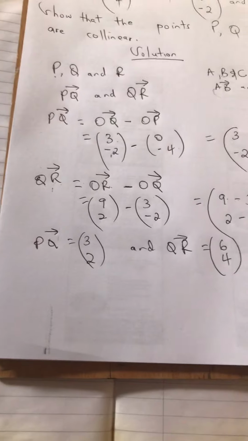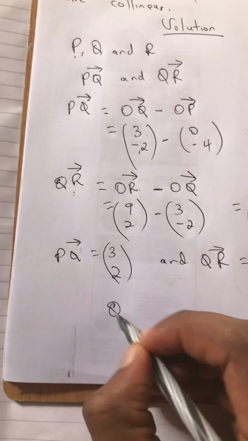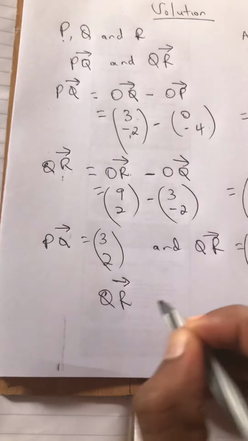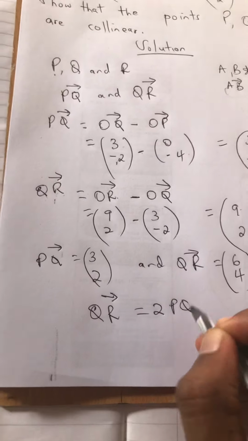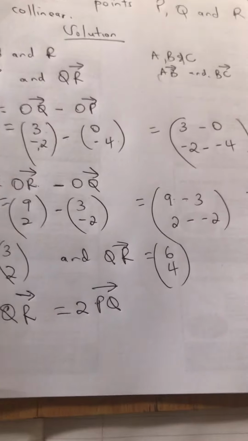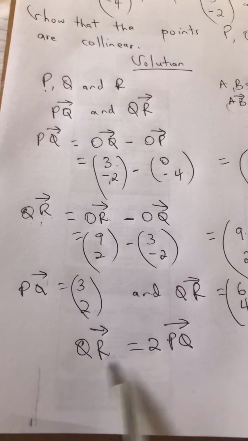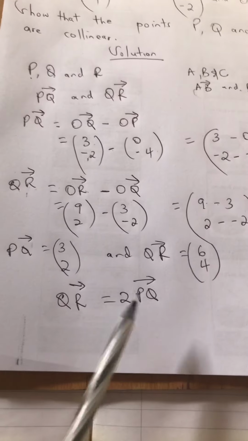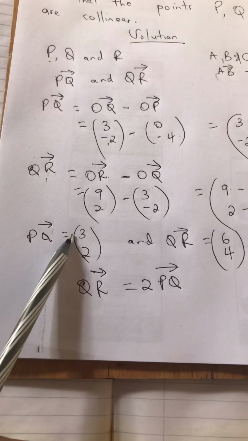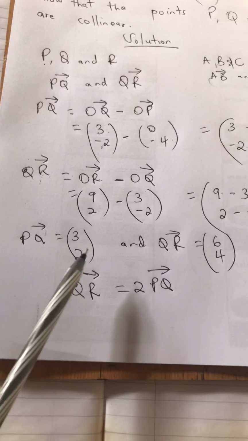I want you to see this. If you can see clearly, QR is the same as 2PQ. Angalia makini. If I multiply 2 by the values of PQ, I will get the values of QR.